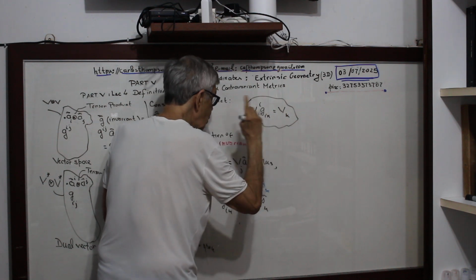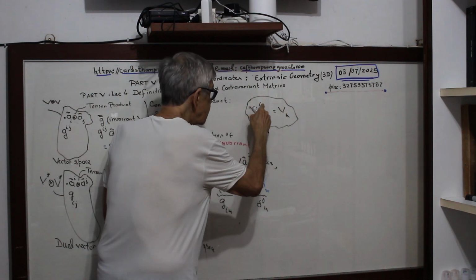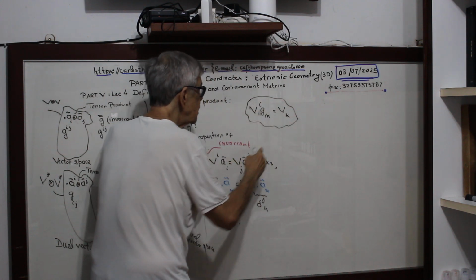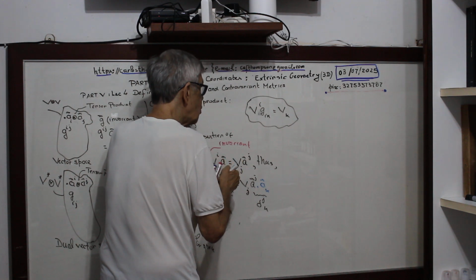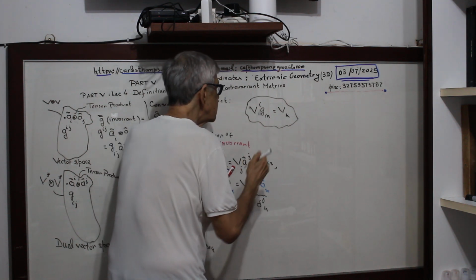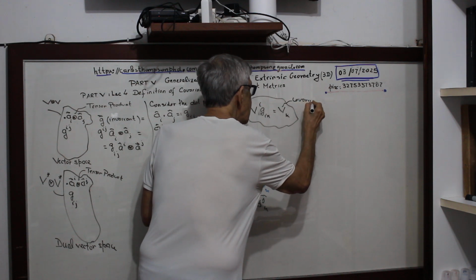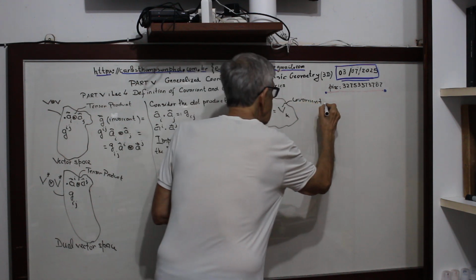But here, look how interesting. This left hand side, v^i, is contravariant, and this is covariant. You see, remember this. This is the covariant component.